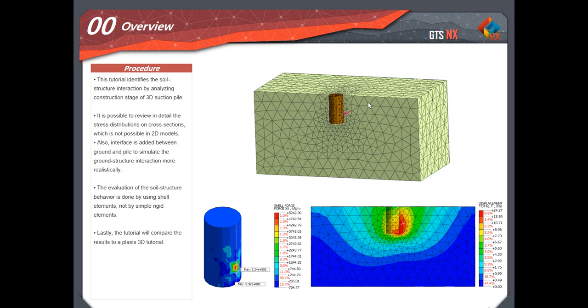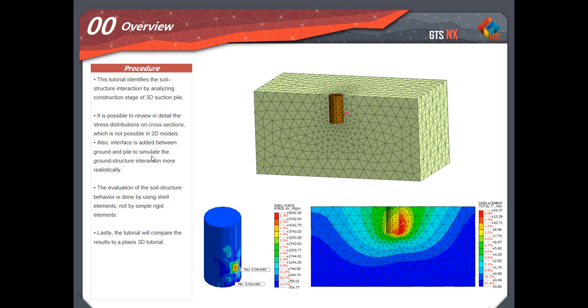Here's a clearer understanding of what it is we're looking at today. We're going to be modeling a suction pile with a point load, and we'll be looking at results like displacement or force loads.